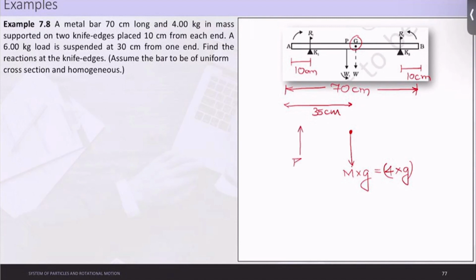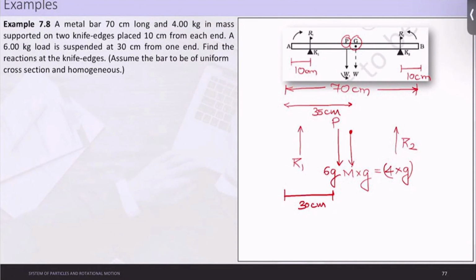This will be your, let's say, R1, and this will be your R2. A 6 kg load is suspended at 30 centimeter from one end. So let us say that load is being kept at this location here. This is that P, which is 6 kg, so it will be nothing but 6 into g. The distance from here to here is given as 30 centimeters. The question is you need to find the reactions at the knife edges. Assume the bar to be of uniform cross section and homogeneous.